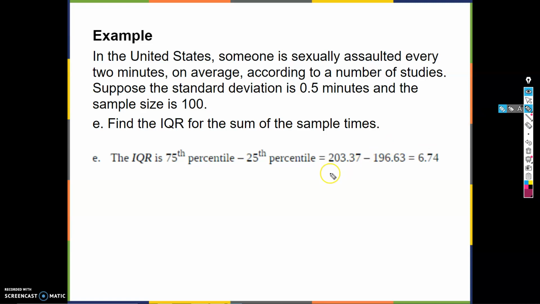A couple examples ago, we found the 75th percentile using inverse normal 0.75 with the new mean and new standard deviation, minus the 25th percentile, which we found was 196.63, equals 6.74.